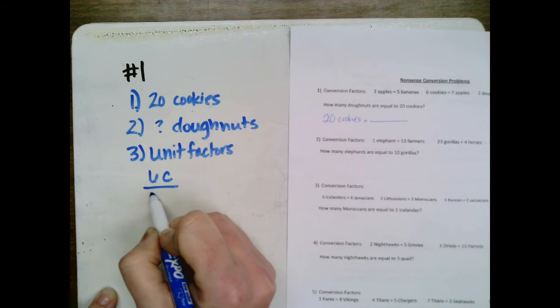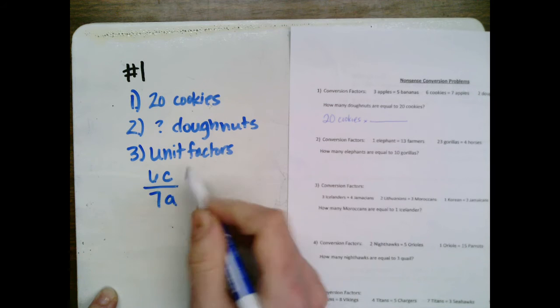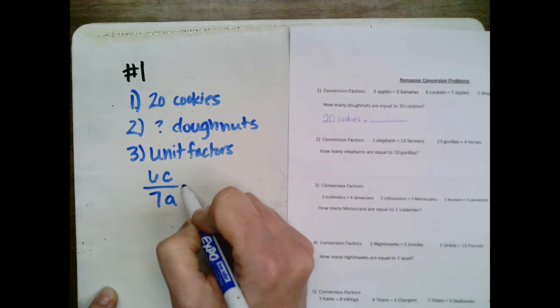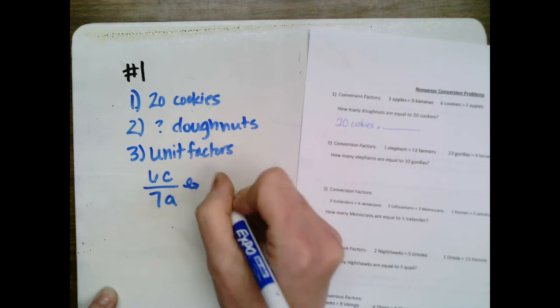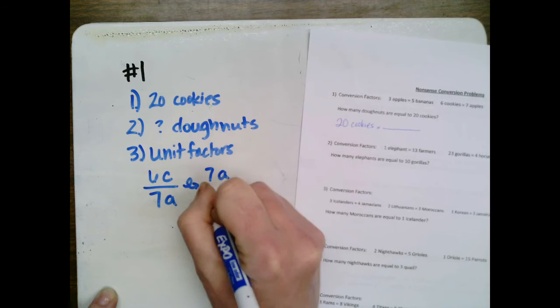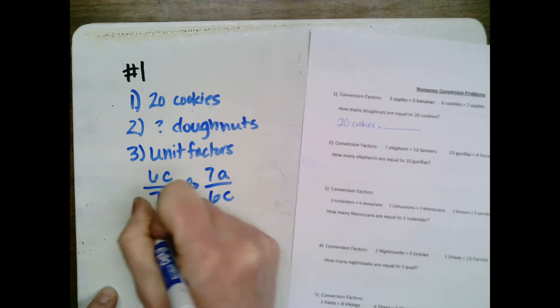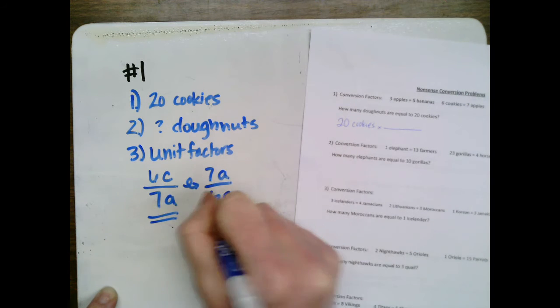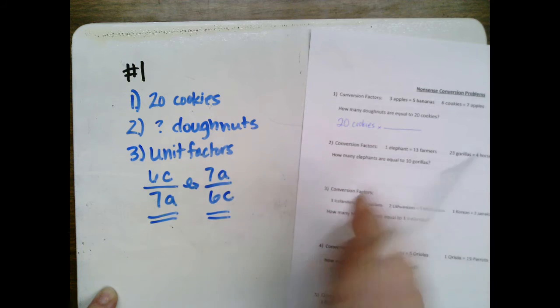So 6 cookies and 7 apples. And remember, the reciprocal of that may also be used. And that is something that hung some of you up. You went with this one when you should have gone with that one. I'll go over that in solving the problem.